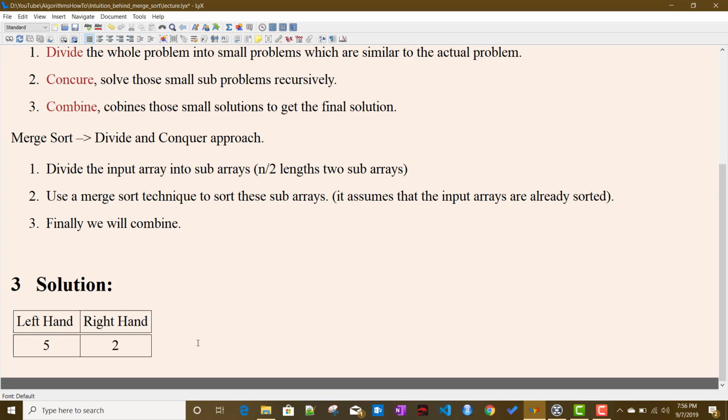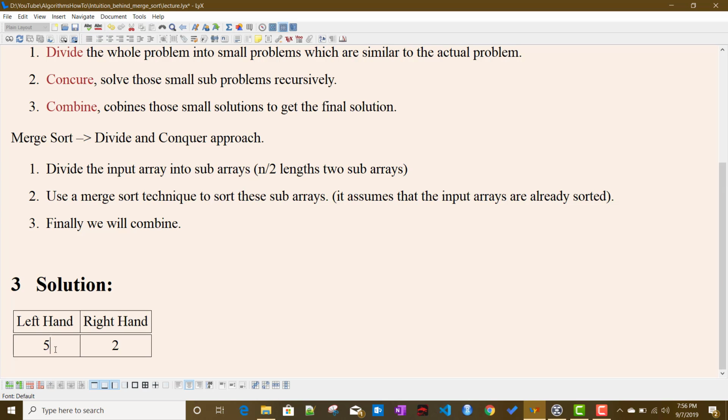Now in the merge sort technique, we compare each and every element in our left hand with each and every element of our right hand. We'll start from the bottom element and go from there. We take one element in the left hand and another in the right hand and compare them. Whichever is smaller, we write it first.